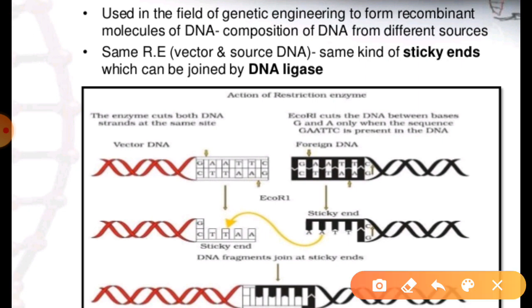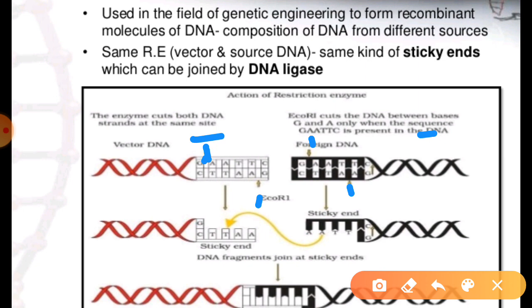In this diagram, this is the vector DNA and this is the foreign DNA. Here the foreign DNA and here the vector DNA, the E. coli, and the same kind of endonuclease enzyme is used over there.